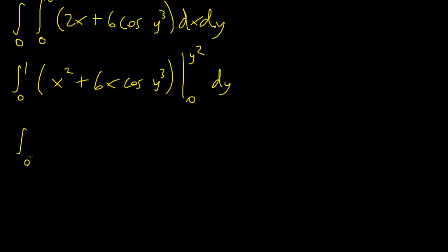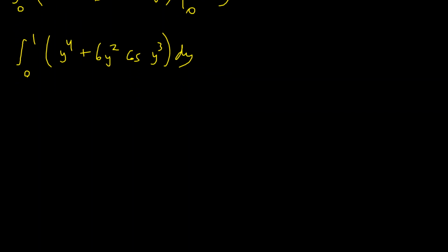So this is going to be the integral from 0 to 1 of y to the 4th plus 6 y squared cosine y cubed dy. And now we're going to split up this integral into two.